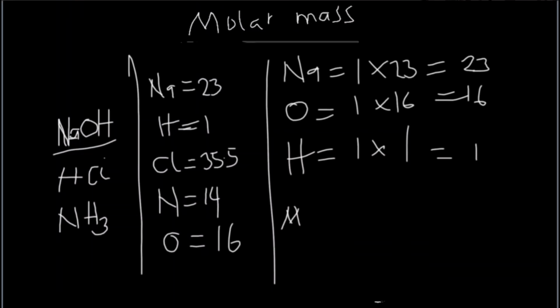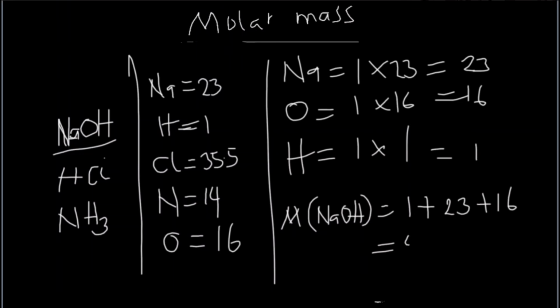So the relative or molecular or molar mass of NaOH is equal to 1 times 23 plus 16 plus 1. So 23 plus 16 plus 1 will give you 40 grams per mole.